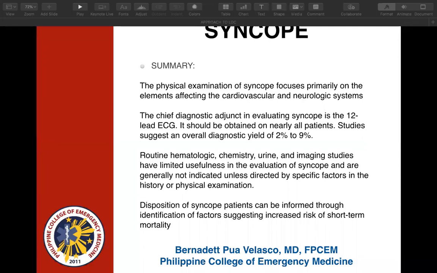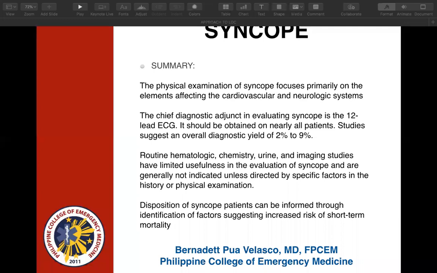Next, the chief diagnostic adjunct in evaluating syncope is a 12-lead ECG. Again, after your history and thorough physical examination, get a good 12-lead ECG of the patient. Routine hematologic, chemistry, urine, and imaging studies have limited usefulness in the evaluation of syncope and are generally not indicated unless directed by a specific factor in the history or physical examination.